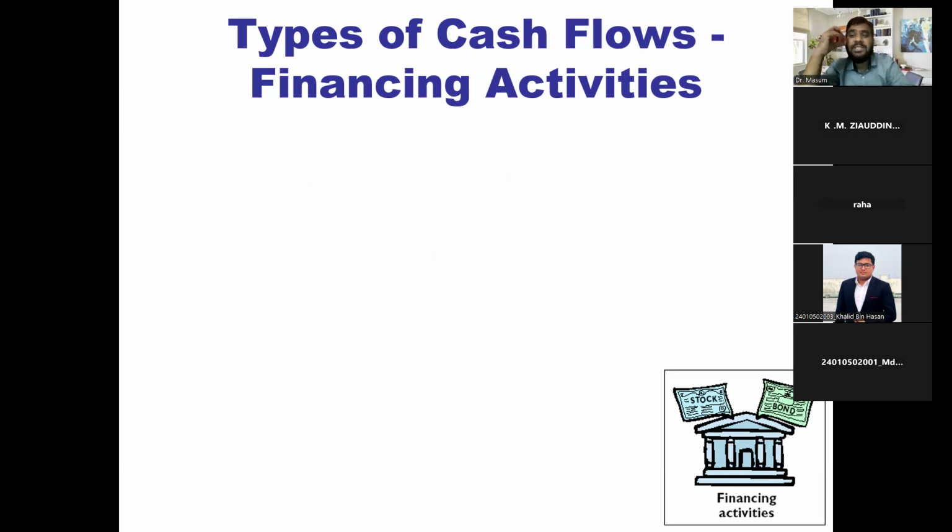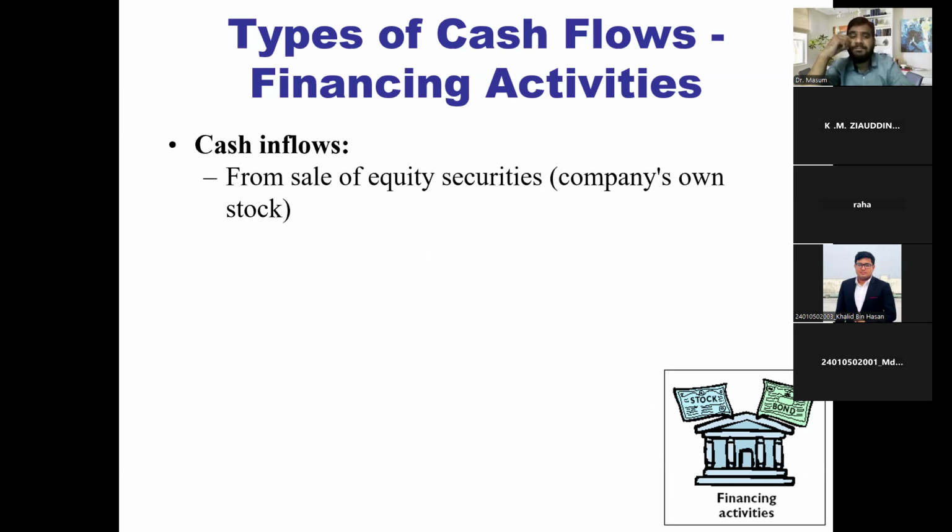And financing means sourcing of fund. You get fund from the owners, it is financing. From sale of equity securities. Equity securities means owner's capital, the company's own stock. Issuance of debt. Sometimes, do you know what is a bond?